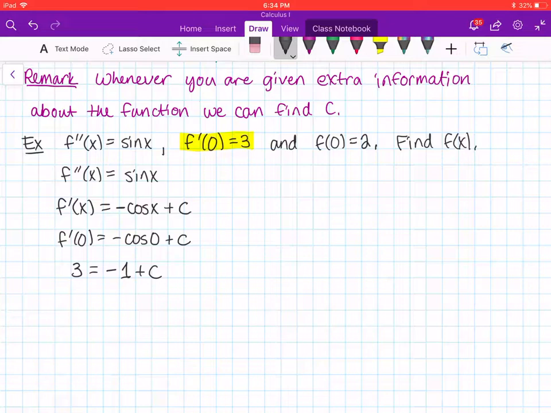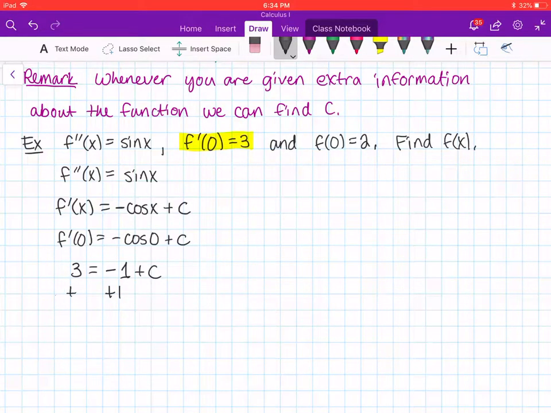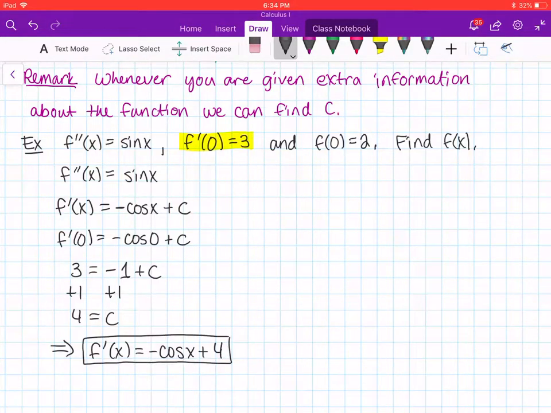So then we can add 1 on both sides, and we get 4 equals c. So that implies that the derivative f prime of x equals negative cosine x plus 4.